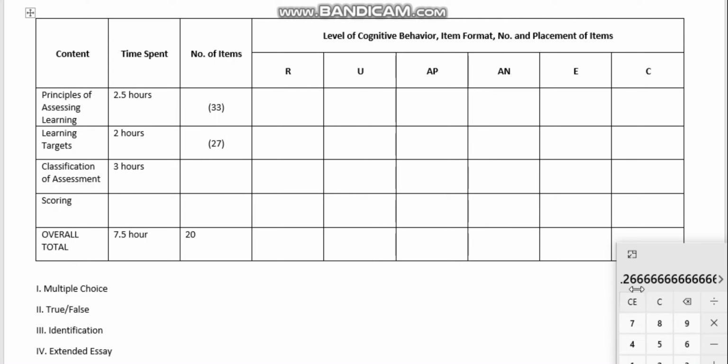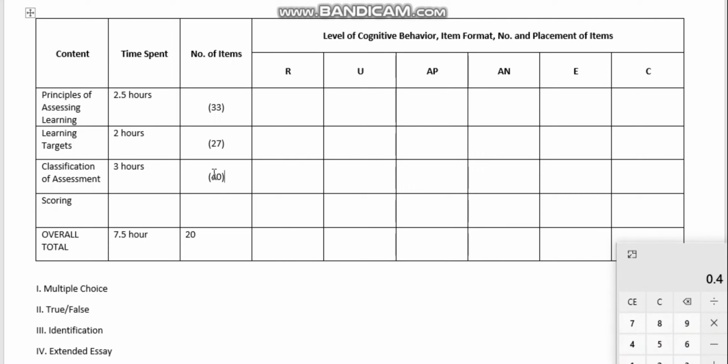Lastly, we have 3 divided by 7.5 for our last topic, that is 0.4 times 100, that is 40%. So that is the weight for each topic.